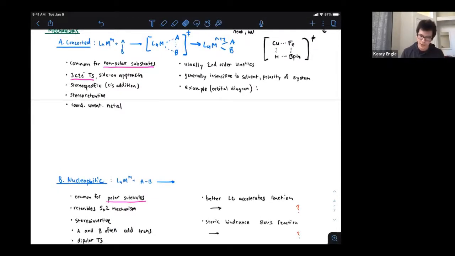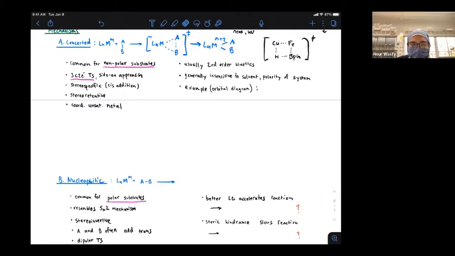So if you're running mechanistic experiments and the rate is not particularly sensitive to solvent dielectric constant, that might indicate a concerted pathway, because in a polar or nucleophilic pathway you'd expect substantial charge buildup during the transition state.